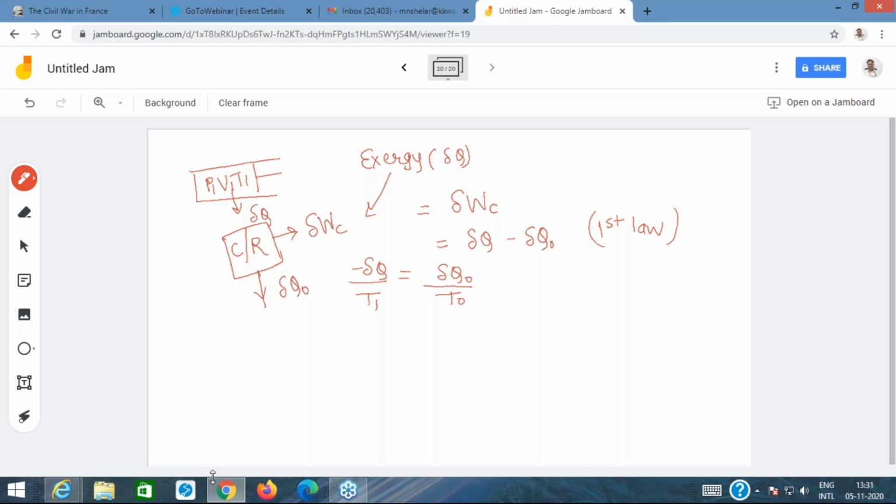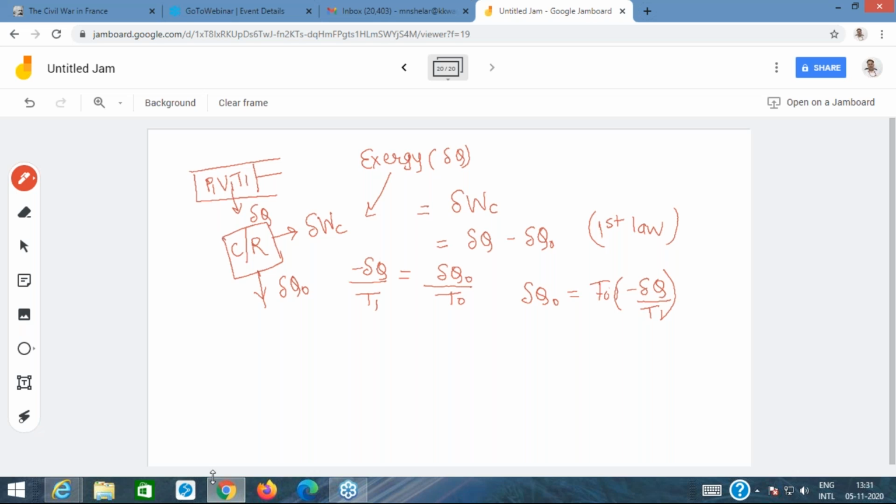So what you get is del Q naught is equal to minus T naught into minus del Q by T1. I hope you are writing down this derivation, right? Del Q by T1.